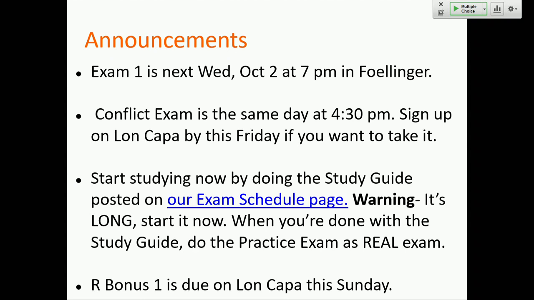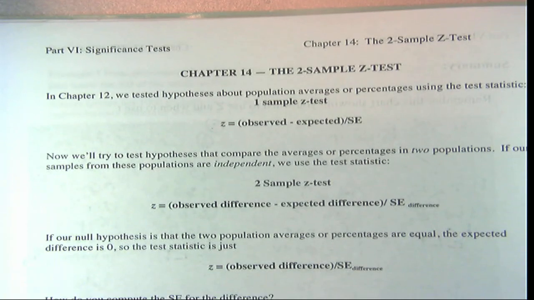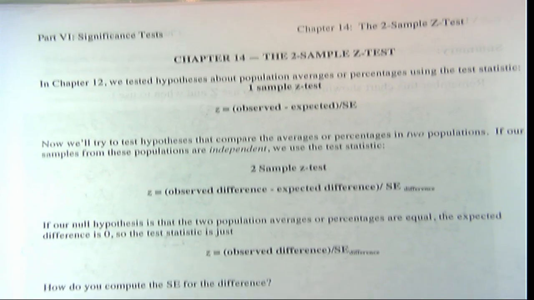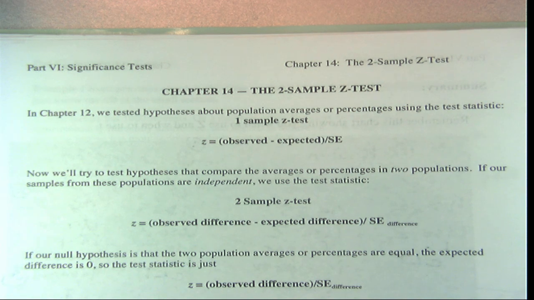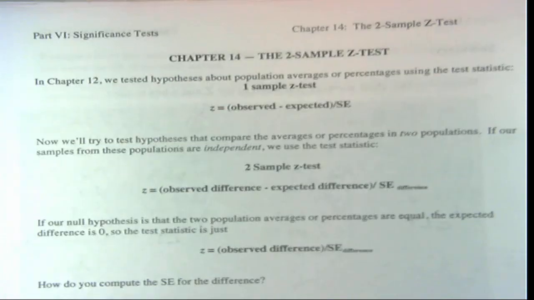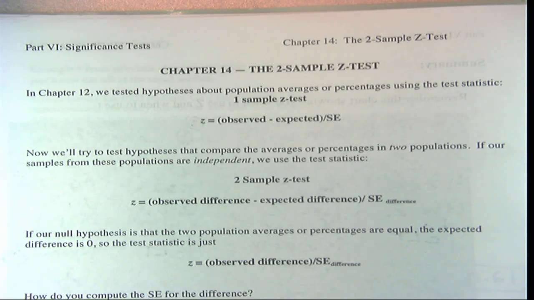All right, so let's move on now to the document camera and get going. So we're right here on page 75, and we're going to be looking here at the two-sample z-test. Now, if some of you can't see very clearly, because it's not bright enough, just move up front.